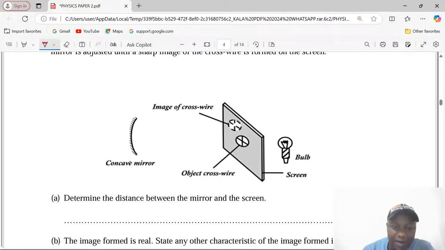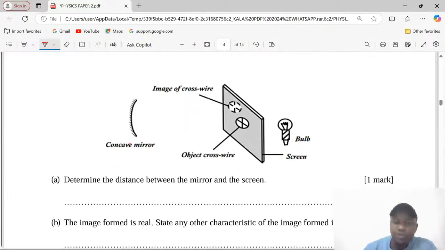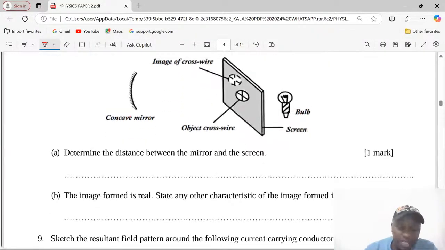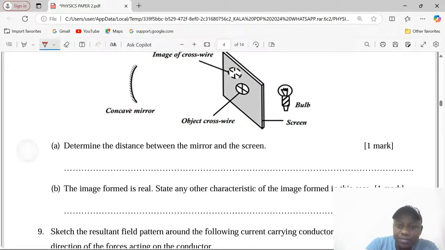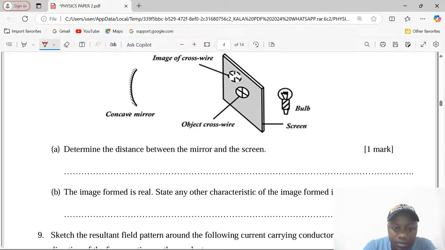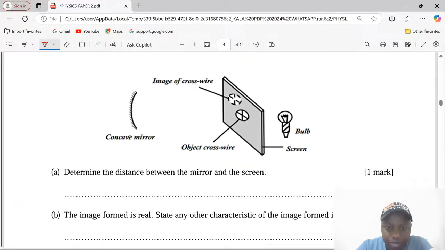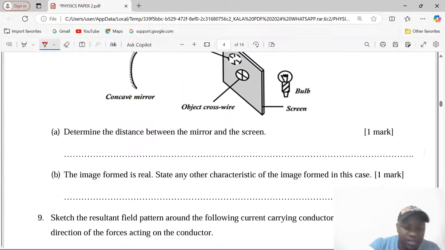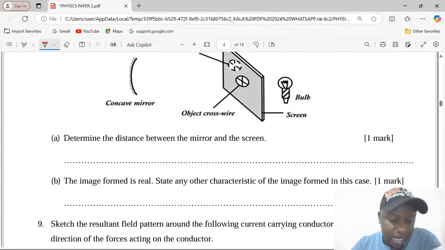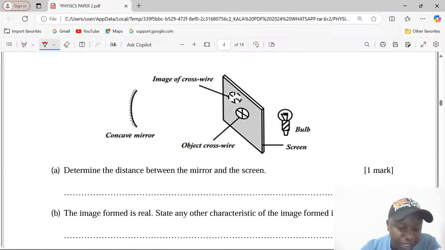Part A, determine the distance between the mirror and the screen. That one has to be measured. When this paper is printed, you can measure that distance, since it has been drawn to scale.